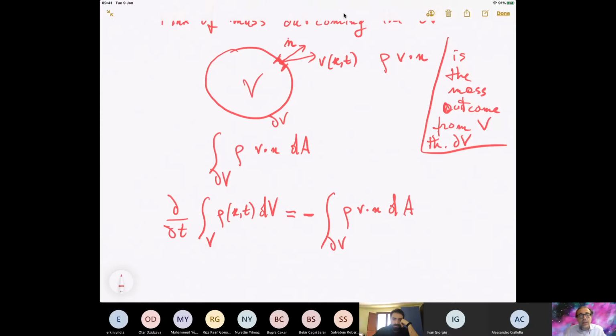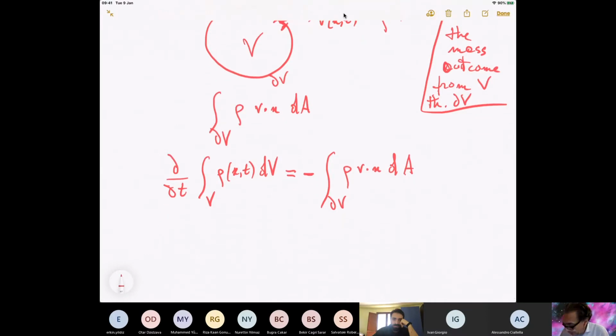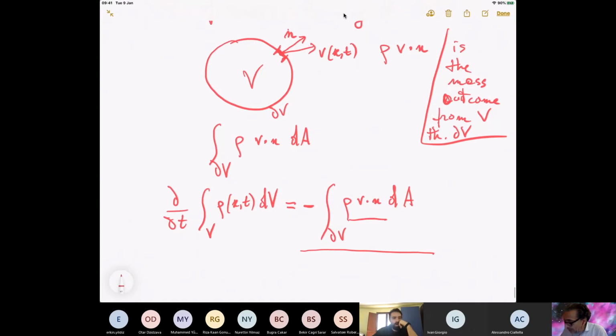Okay, so if the mass is coming out, because you have chosen n pointing outwards, you have a decrease of the mass inside the volume V. Okay.